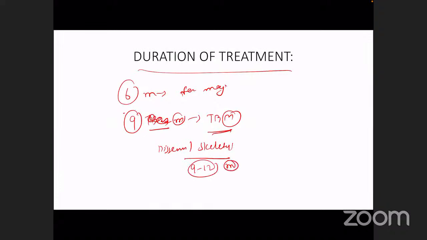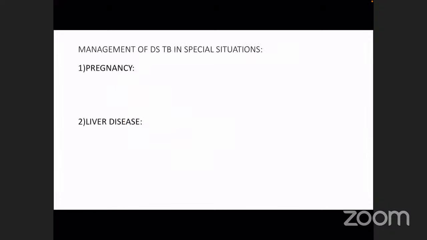Maximum 12 months. After 12 months, it is not recommended in general. Till 9 months, it can be easily done case by case, in individual cases. For even 12 months, you have to get an opinion of an expert in this field to extend the treatment up till 12 months. But for TBM, it is 9 months. Routinely, for all other patients it is 6 months. And for disseminated or skeletal TB, you may need to extend till 9 or 12 months. Okay, so this is very clear.